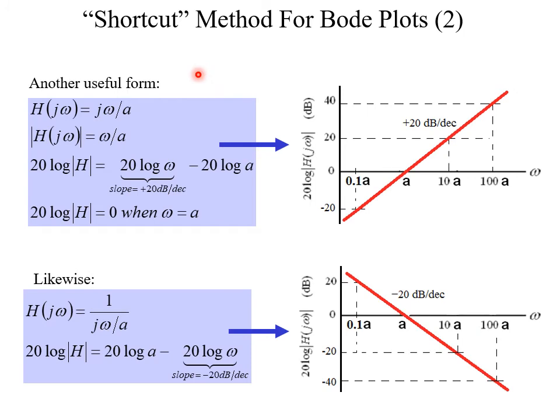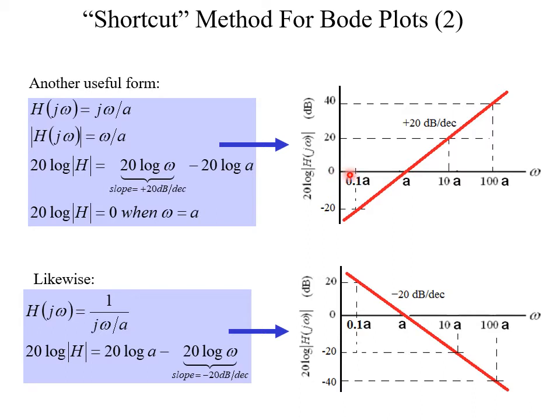There are a couple of other useful forms that we can use when we're going to do this shortcut method. If we have a frequency response, H of j omega, that just has the form j omega over a, not 1 plus j omega over a, but just j omega over a, then the key thing is what we end up with is a straight line in the Bode plot.